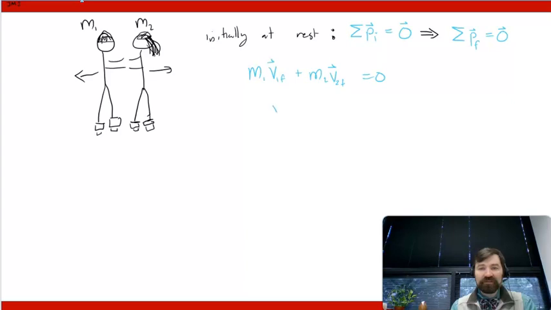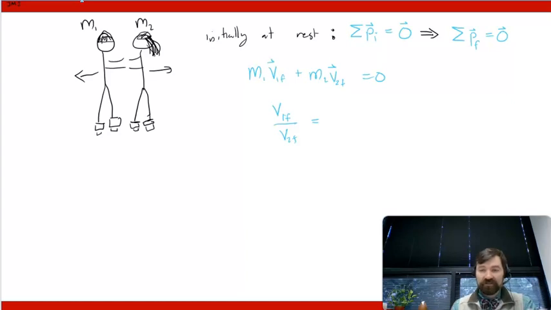That means we can figure out the ratio of the two final speeds, v1 final over v2 final.